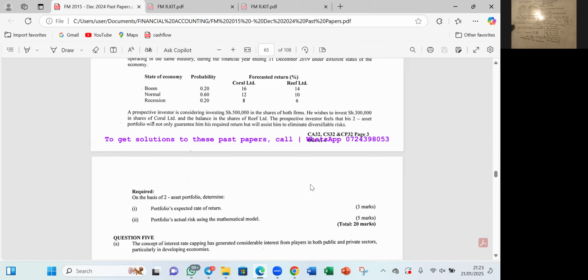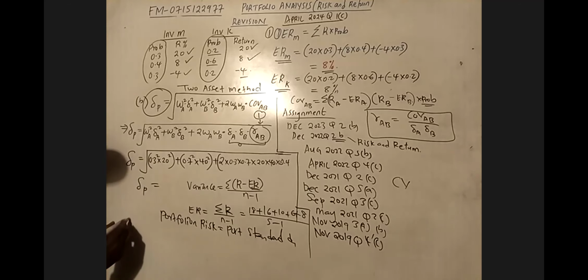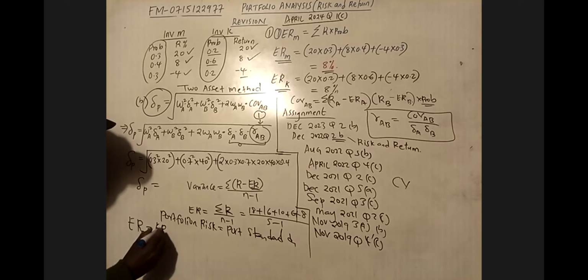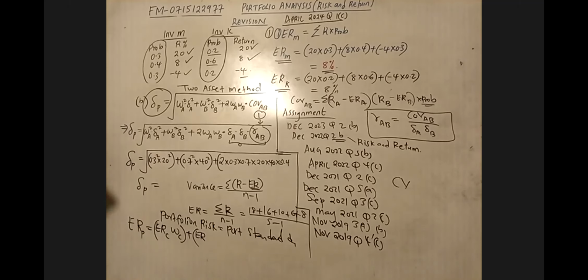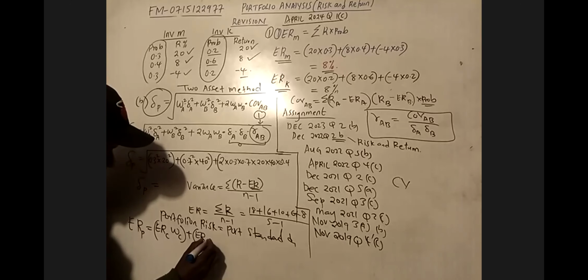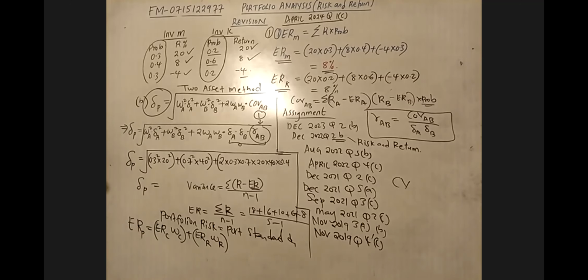So the portfolio return, as we were saying, for you to get a portfolio return, let me show you using this method. The expected return of the portfolio is equal to the expected return of Carroll, you multiply with the weight of Carroll, then you add the expected return of Reef and the weight of Reef.